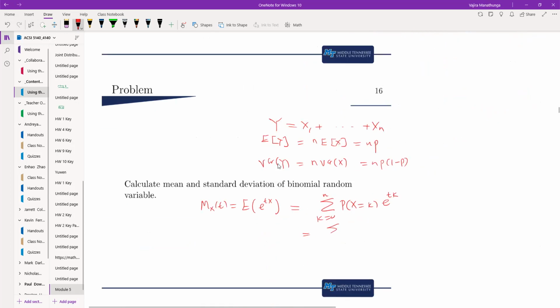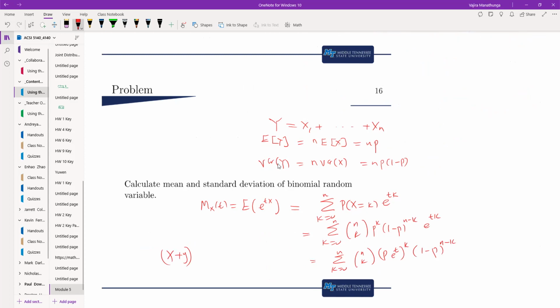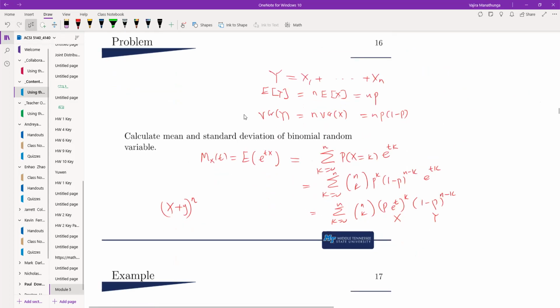That's going to be n choose k, p to the k, 1 minus p to the n minus k, times e to the tk, and then I can make a nice rearrangement. And this is basically the binomial theorem. If you expand x plus y to the n, it looks like that. This is x, this is y, and this is the binomial coefficient. So this is going to be the binomial expansion of 1 minus p plus p e to the t, to the n.